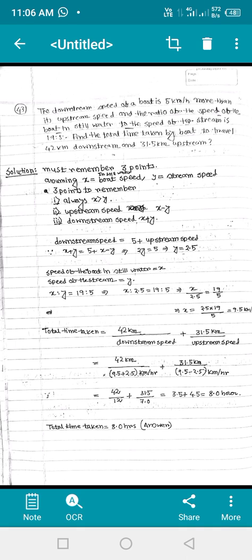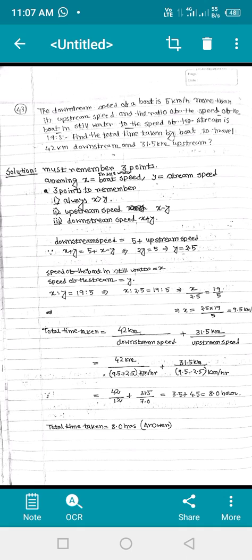We must remember 3 points to solve this type of problem easily. We have assumed x as the boat speed in still water and y as the stream speed.